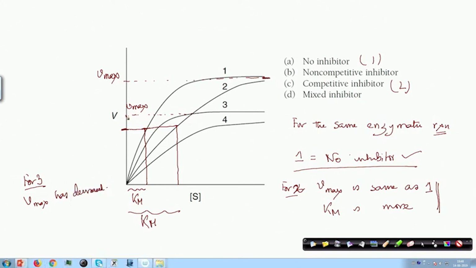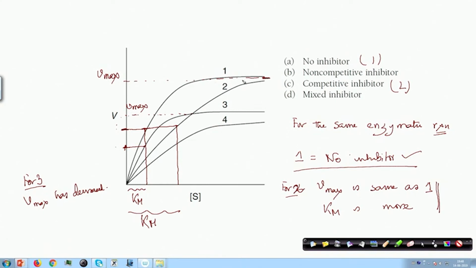So, if this is the V max, then half of V max is somewhere here. This is the half of V max for the curve 3, remember, and then you draw the line again, crossing the number 3 here, and then you draw the same perpendicular as was drawn for the absence of any inhibitor.